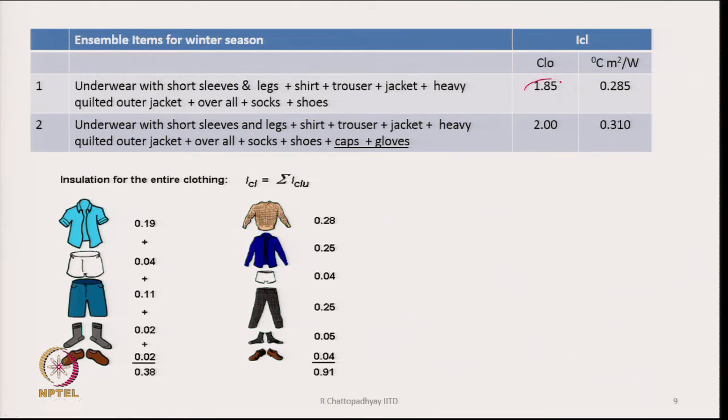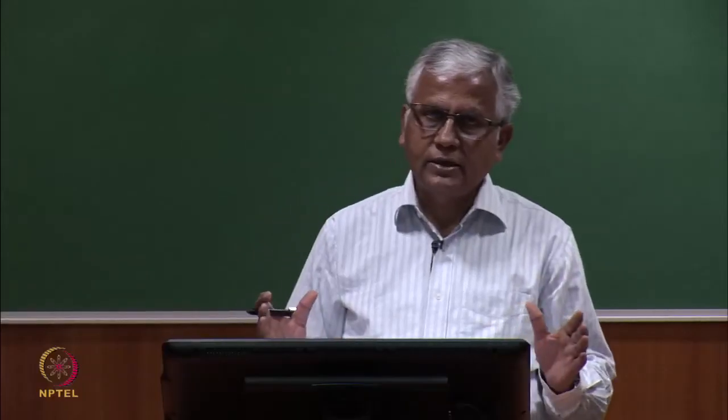This gives a total clo value of 1.85. Now, see, each of these items has its own clo value, and there is a standard which is available. I will come to that standard just now. We will see that if we know the clo value of individual items, then we can sum them up to find out the total clo value.